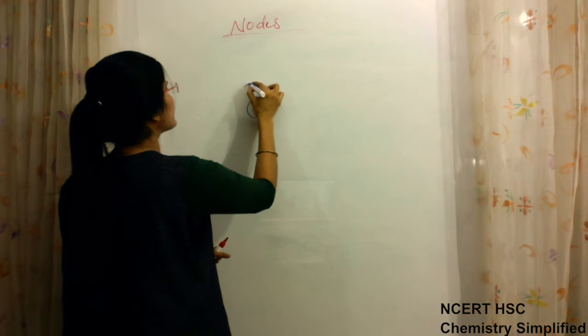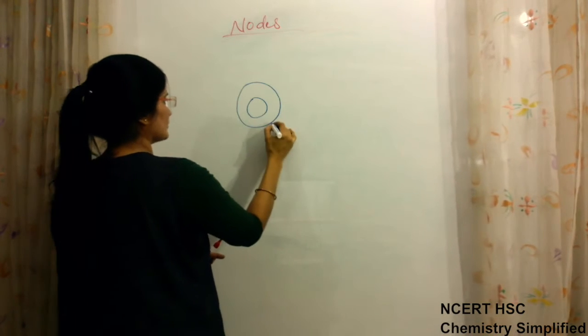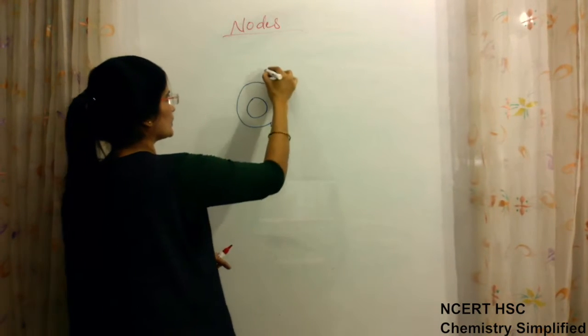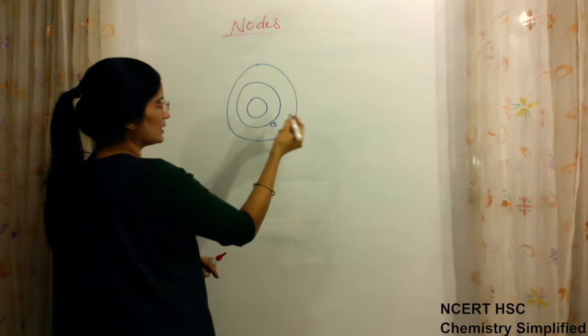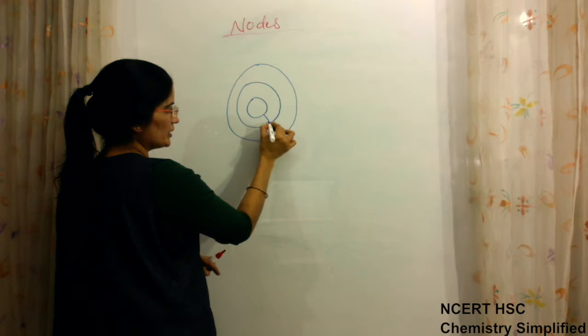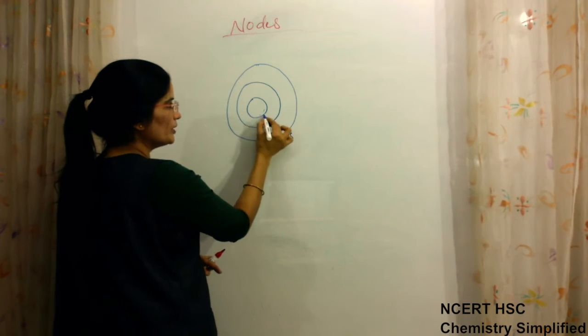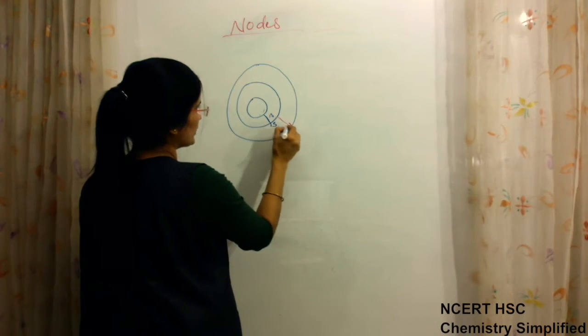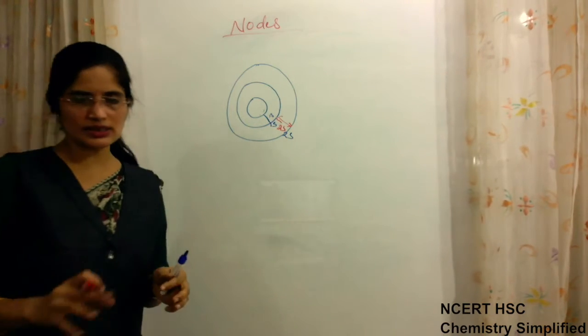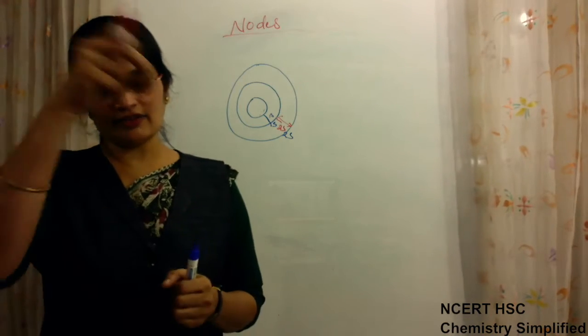This is the nucleus. This is 1s. Okay. Now this is 2s. Suppose the space from here to here is the boundary of the nucleus. From here to here is 1s. From here to here is 2s, because it is an area, not a line which we are drawing.